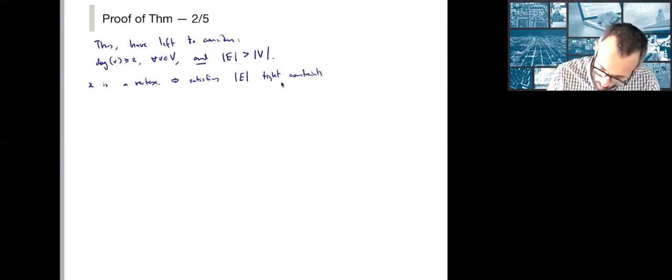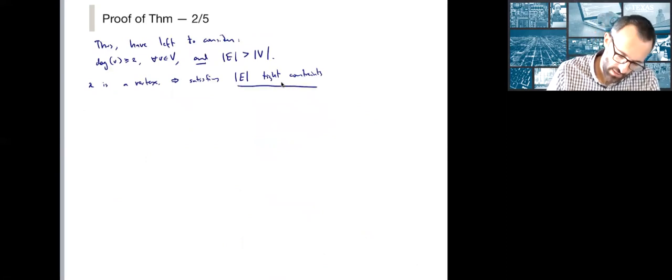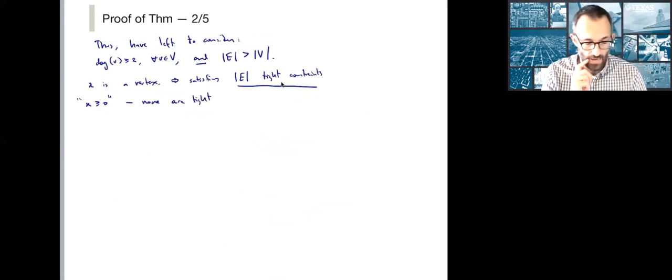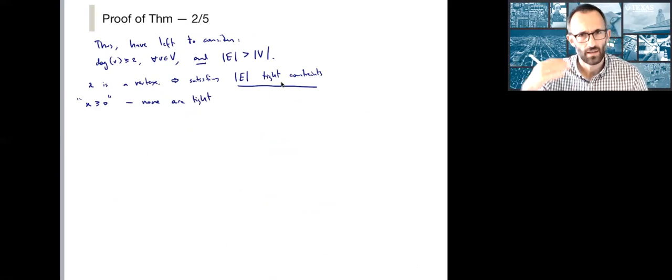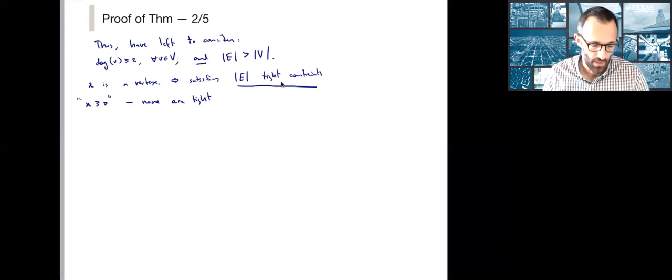So where are our E tight constraints? We have these constraints, and none are tight by our assumption that X is strictly positive, which again we got from minimality of the graph. Again, this is another way to approach an induction theorem.